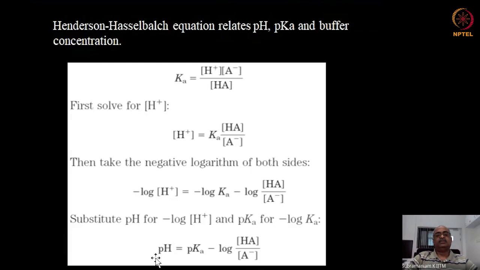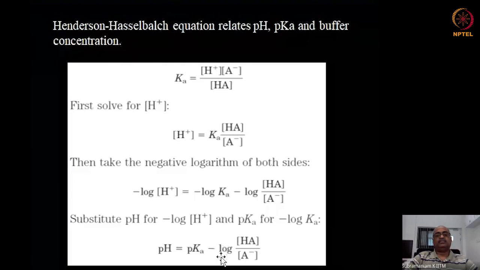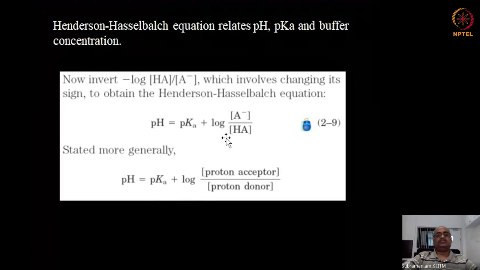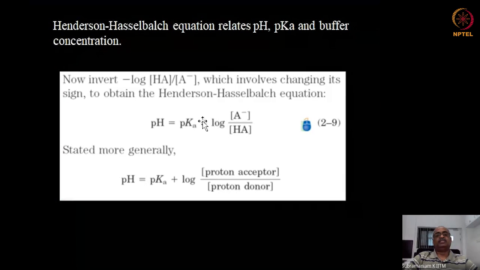Then you get this equation, pH equals pKa, because negative log H plus is pH and negative log Ka is pKa. And then you can rearrange to make it A divided by HA. So that's what is here. So it becomes plus, changing the sign here. Okay, so proton acceptor divided by donor.